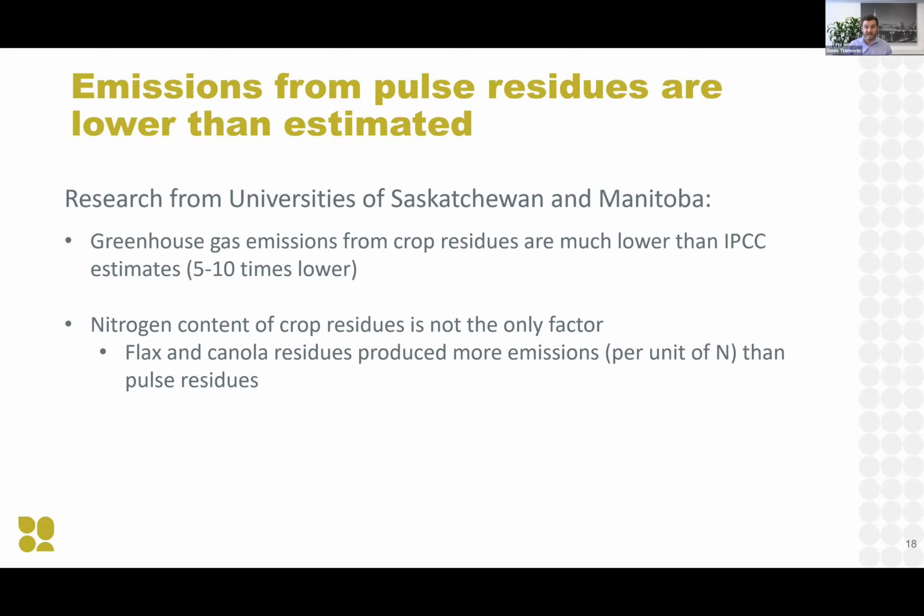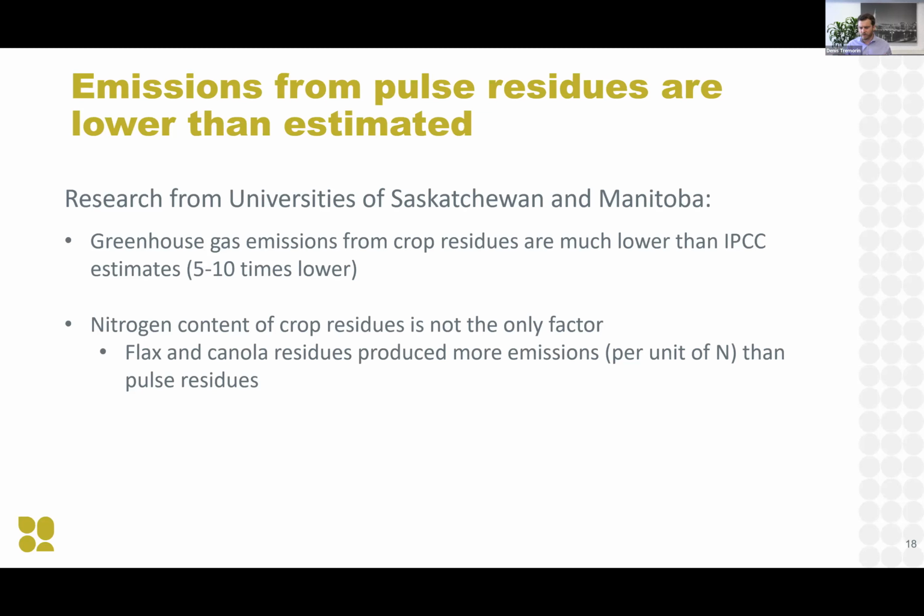Right now, Canada is actively changing the modeling they use for the Intergovernmental Panel on Climate Change, because new research shows that crop residues are emitting way less nitrous oxide, that major greenhouse gas, than we thought. So the coefficients we used for crop residues for greenhouse gas emissions are going to be much lower. This is based on research at the University of Saskatchewan and Manitoba, and also some work at Guelph.